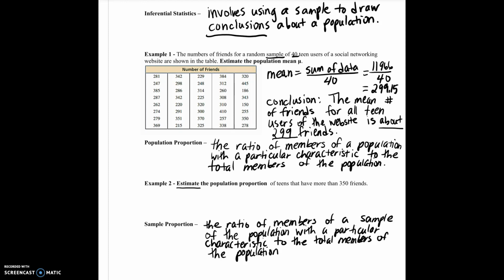So because we're estimating the population proportion, we're technically going to use the sample proportion and then use that to do that population proportion. So we're estimating the P.